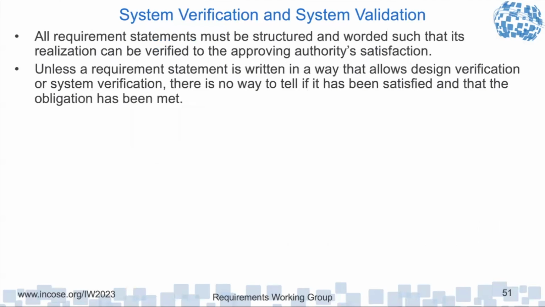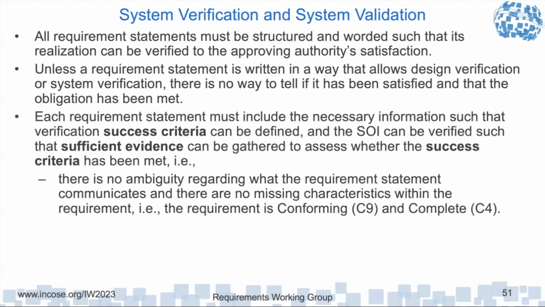Similarly, all requirement statements must be structured and worded such that its realization can be verified to the approving authority's satisfaction. Unless a requirement statement is written in a way that allows design verification or system verification, there's no way to tell if it has been satisfied and the obligation has been met.